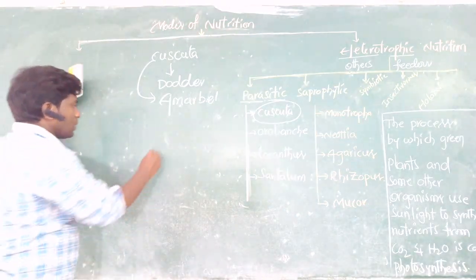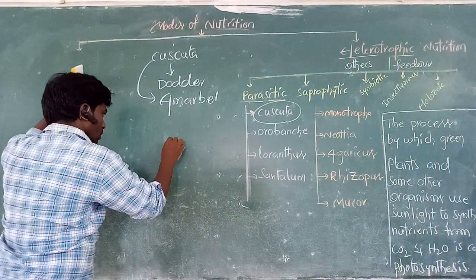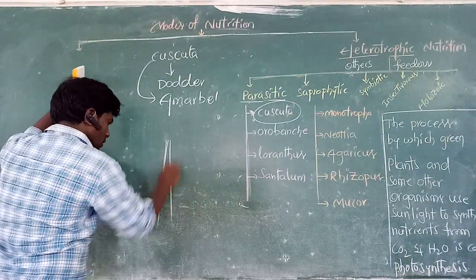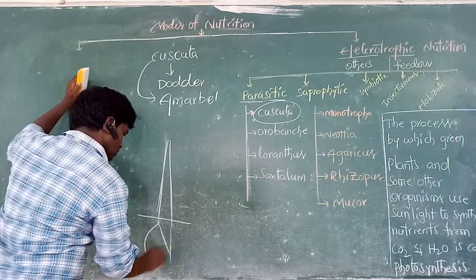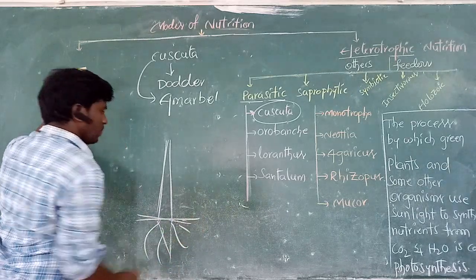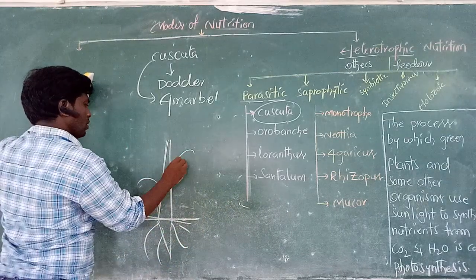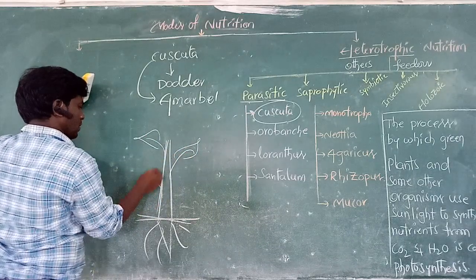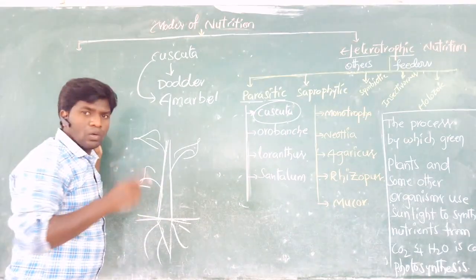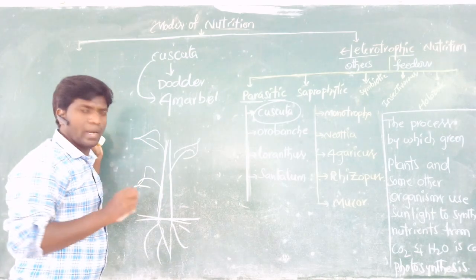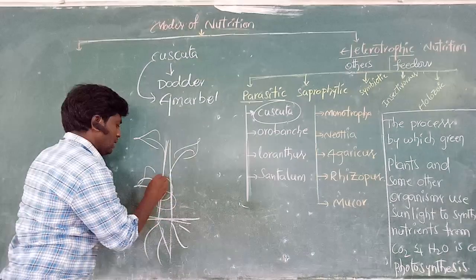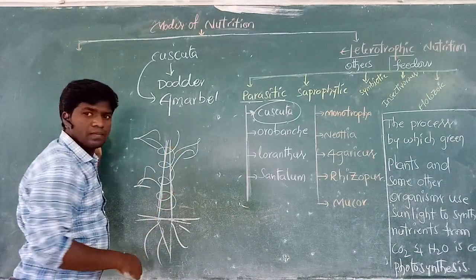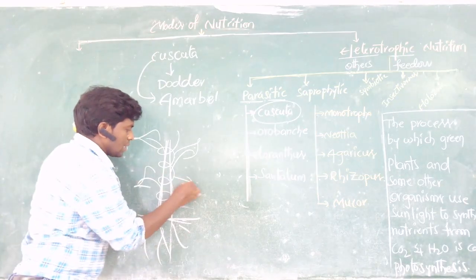So for example, this is one of the plants. The Cuscuta plant looks like a creeper. So the Cuscuta is growing like this. This is Cuscuta.